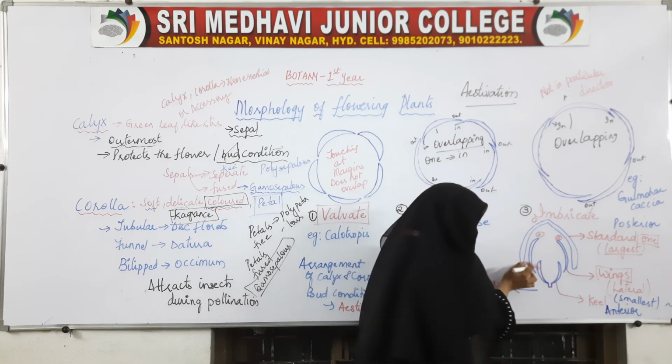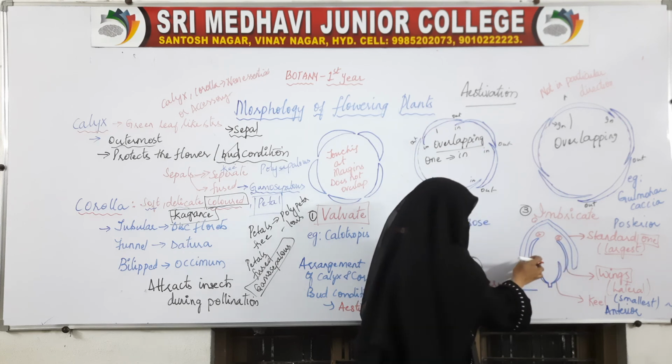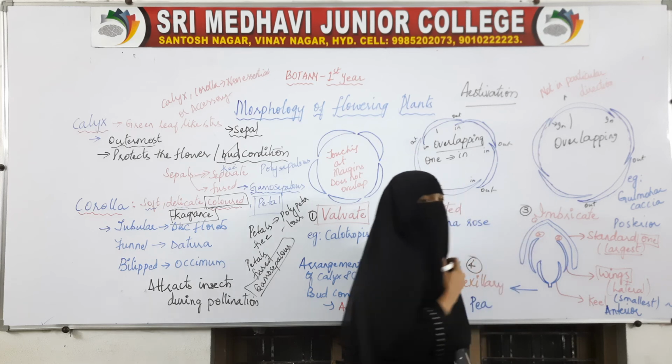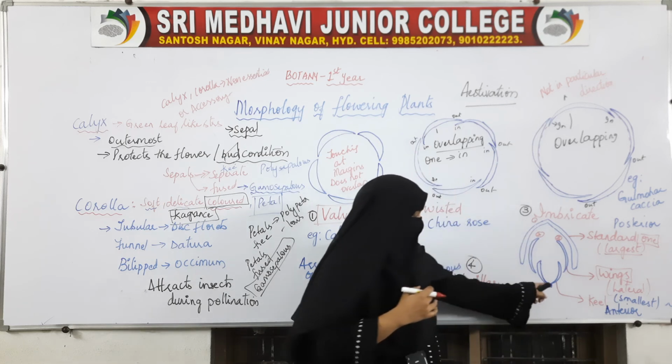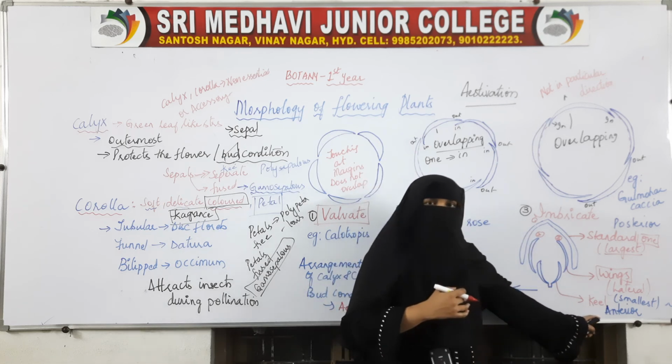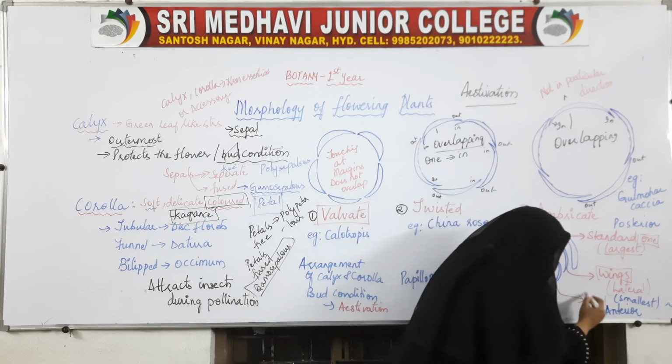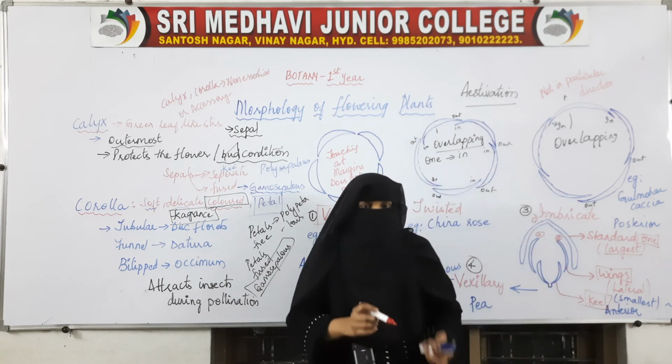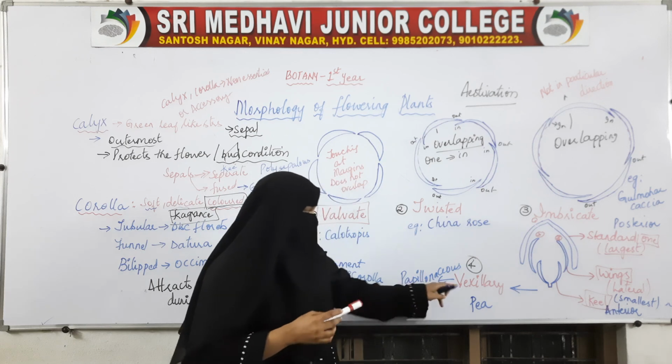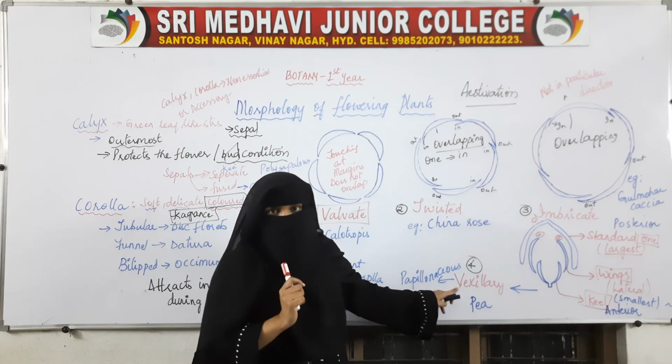This keel is overlapped by the wings, and these wings are overlapped by the standard petal. These 2 smallest ones are on the anterior side and are called the keel. So in this vexillary estivation, we see 3 types of petals.